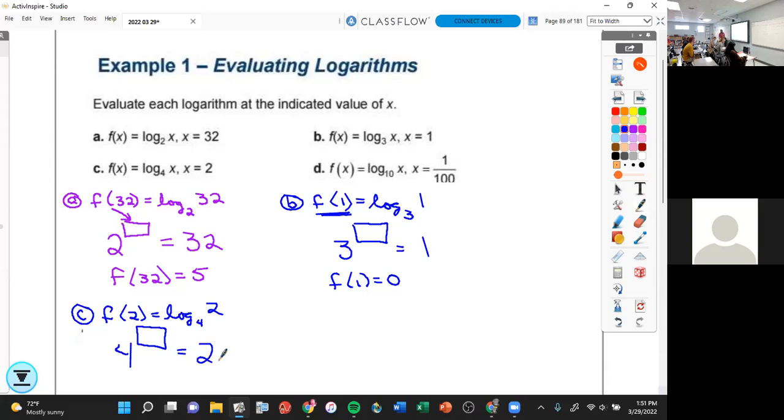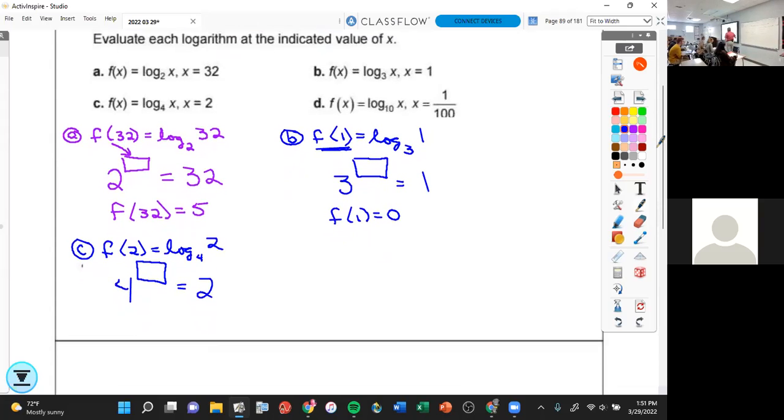What's the answer? Why is it a half? Because I'm doing a square root. What does an exponent of 1/2 mean? It's square root, right? What's the square root of 4? Okay. So f of 2 is 1/2.